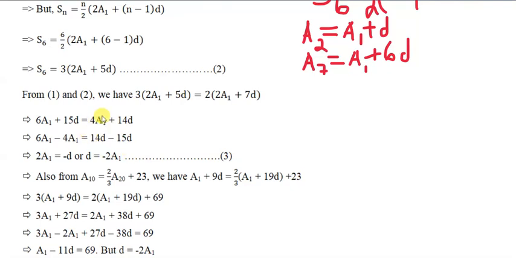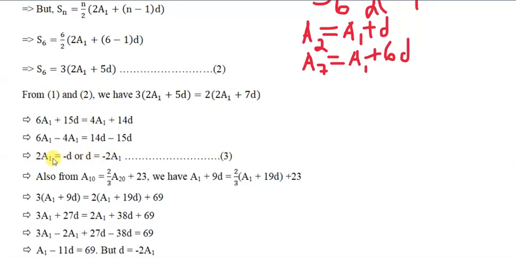Moving 4a1 to the left, it becomes minus 4a1, and moving 15d to the right, it becomes negative. Then 6a1 minus 4a1 is 2a1, equal to 14d minus 15d, which is simply minus d.